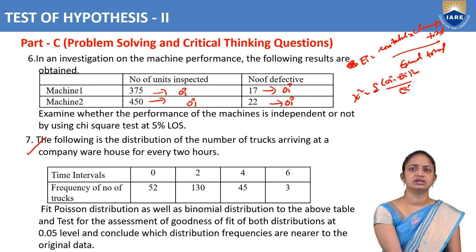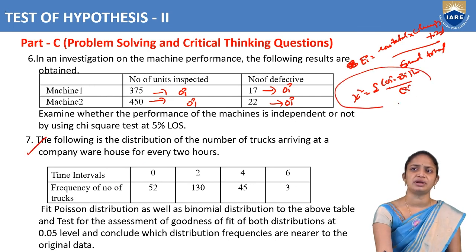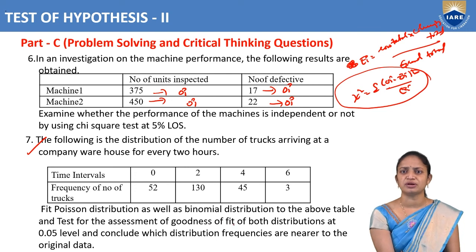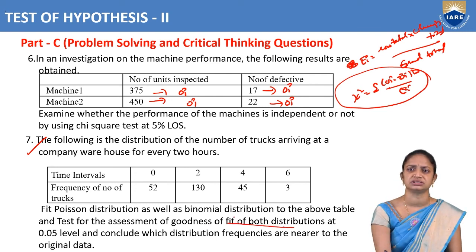So next question. We have to use the same formula, but the difference is here we have to fit the binomial or Poisson distribution, or here they have mentioned both distributions. So we need to find the expected frequencies, EI values, by using n into P of X equal to x.